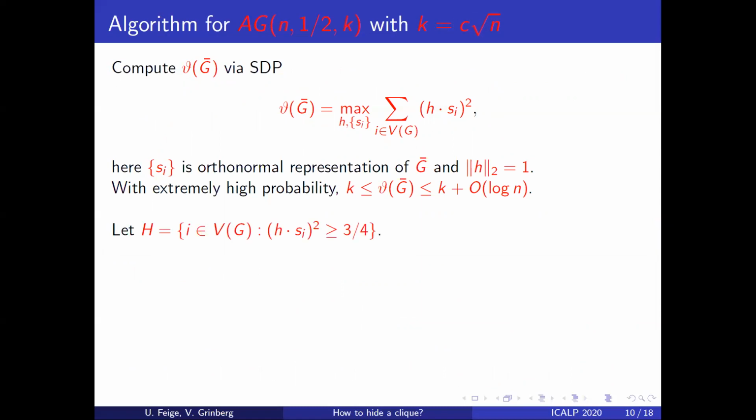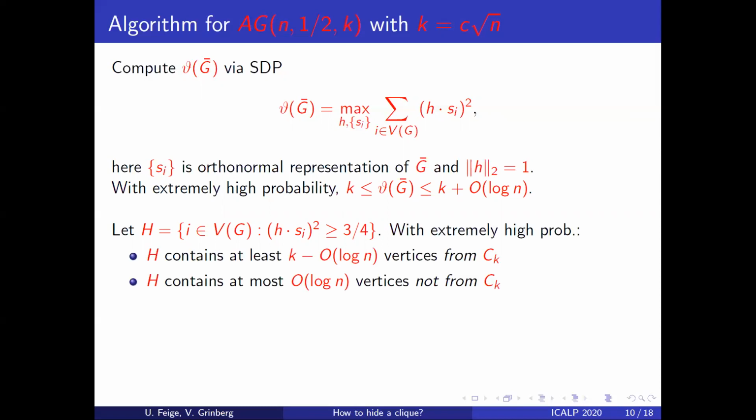Let H be the set of all vertices i such that their contribution to the optimal sum is at least 3/4. One can show that with extremely high probability, the set H and the planted clique C_k differ in at most big O of log n vertices.